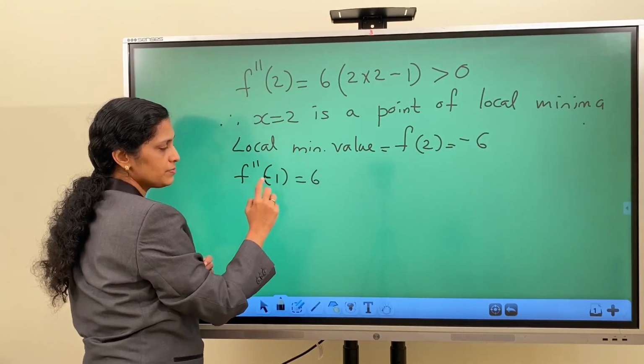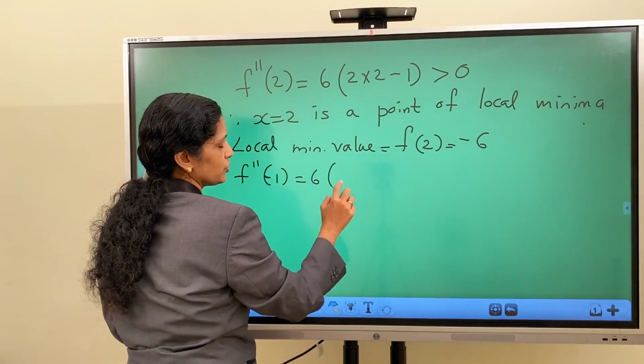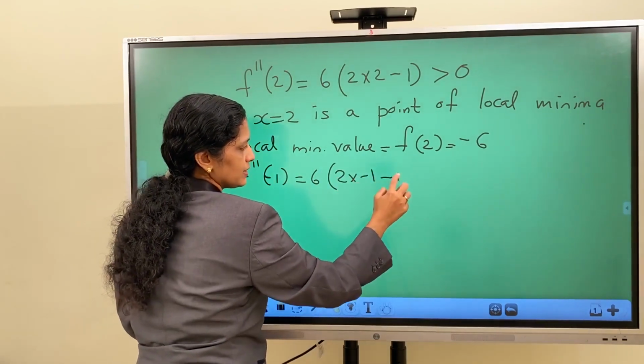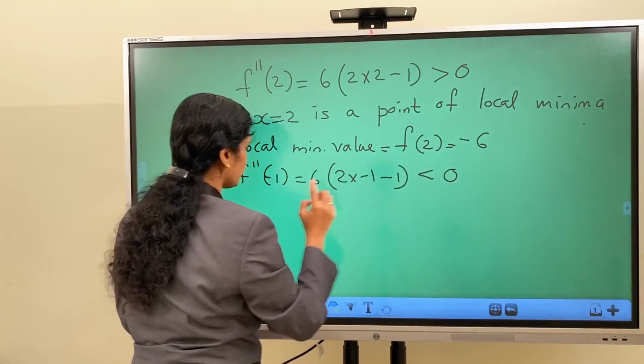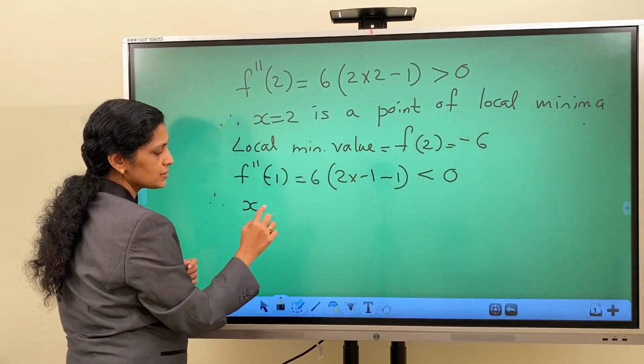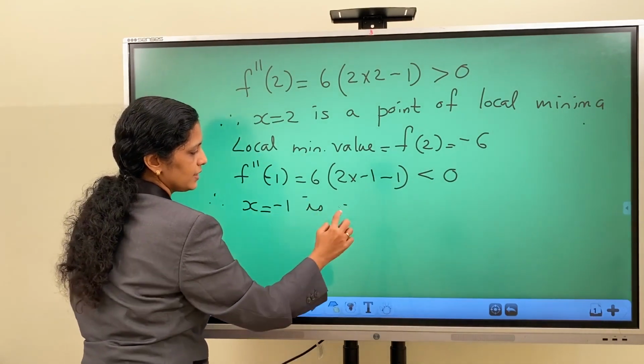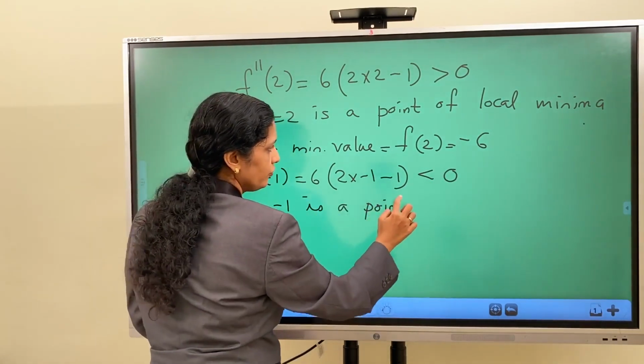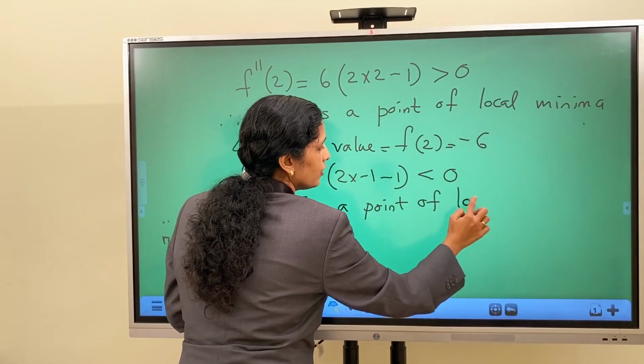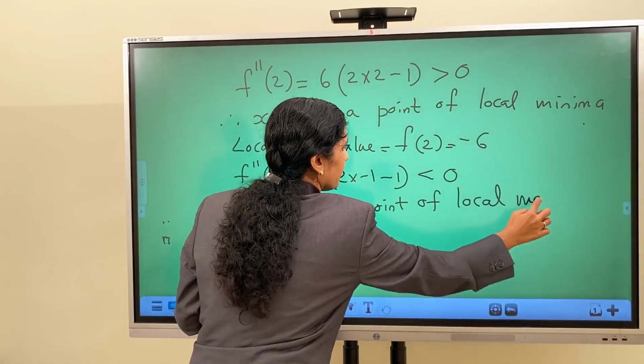f double dash minus 1 is equal to 6 into 2 into minus 1, it is less than 0. Therefore, x is equal to minus 1 is a point of local maximum.